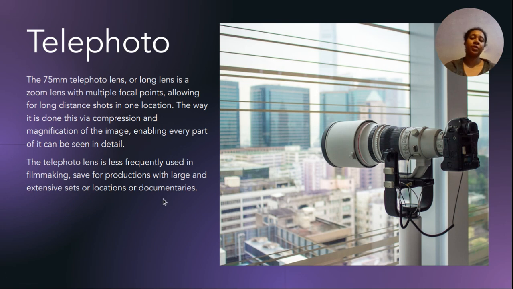So the telephoto lens, which is known as the 75mm lens or long lens, is a zoom lens with multiple focal points, allowing for long distance filming to happen. So you can get shots from a long way away in one location. It's done by compression and the magnification of an image, enabling every part of the image to be seen in detail.